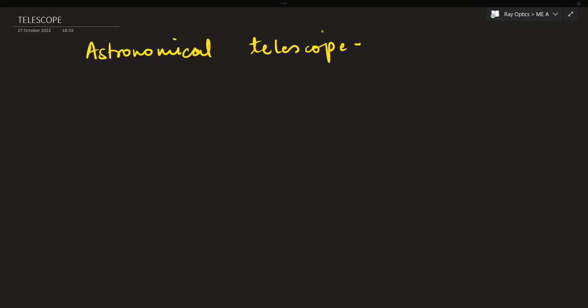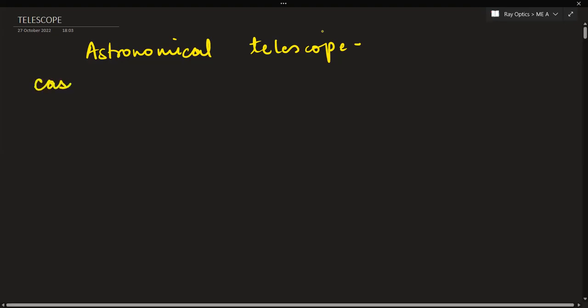Okay, class. Now the last topic from the optical instruments is the telescope. So the astronomical telescope, we have to see. An astronomical telescope is basically a refracting type of telescope that is used to see heavenly bodies like stars, planets, satellites, and all. So the construction is the same. Objective lens will be there, eyepiece will be there. Let me show you.